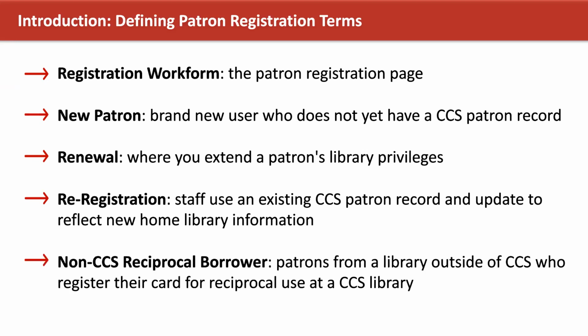And then finally, when we mention a non-CCS reciprocal borrower, we're talking about patrons who belong to a library outside of CCS, like Chicago Public Library, Skokie, Arlington Heights, who will then register their card with us so they can borrow from CCS libraries.